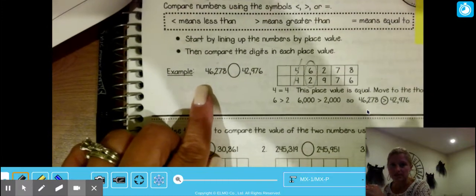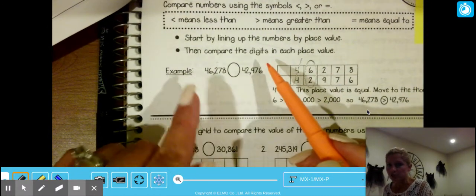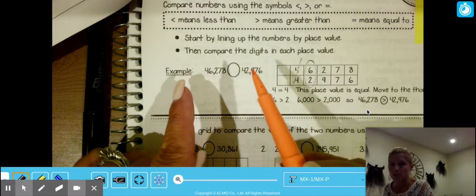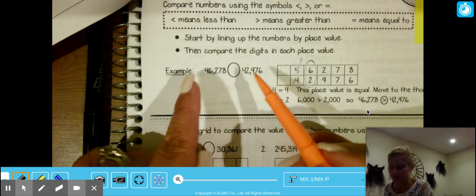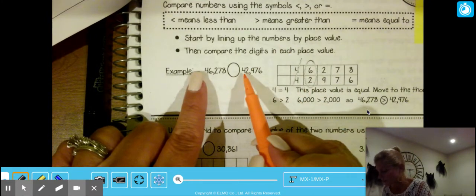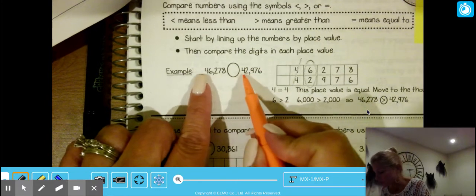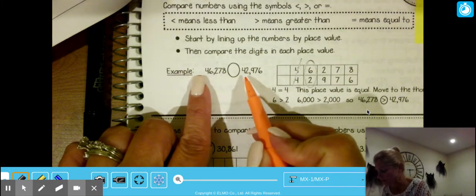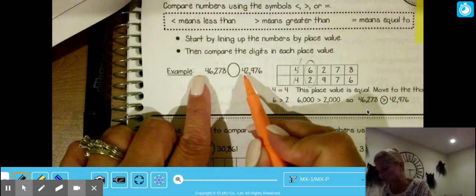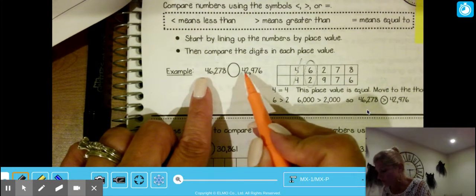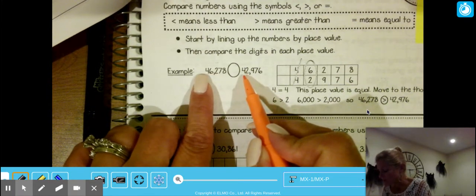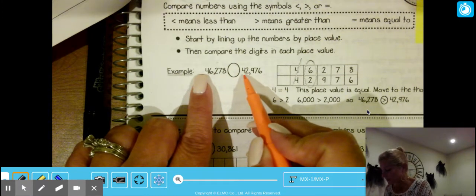But what I really like to do, I'm going to zoom in so you can see it a little bit bigger, I like to use my finger and then the point of my pencil or whatever I'm writing with and just do it right from the number. It saves time. So I point to the greatest place value, right? And I want to make sure they're the same. So I have a 4 and a 4, and they're both in the 10,000 spot.